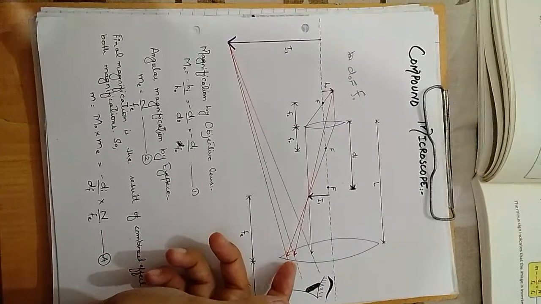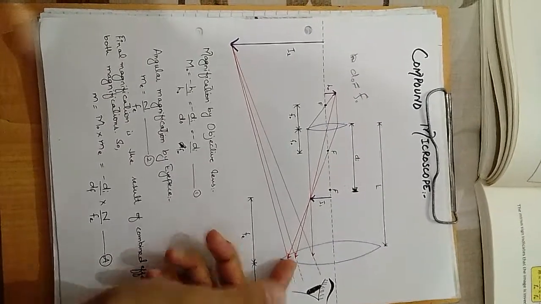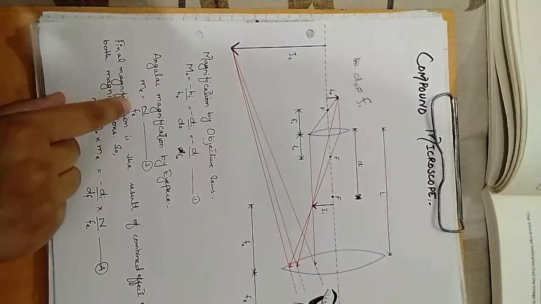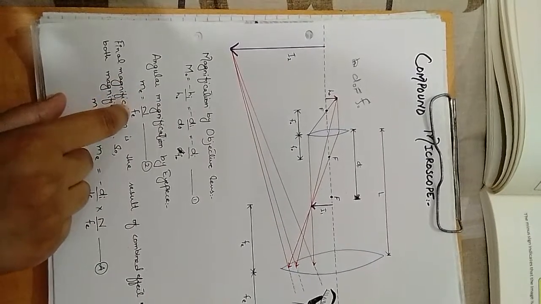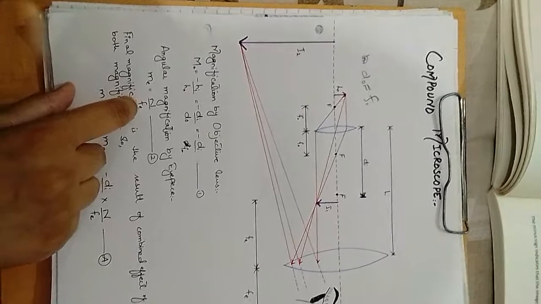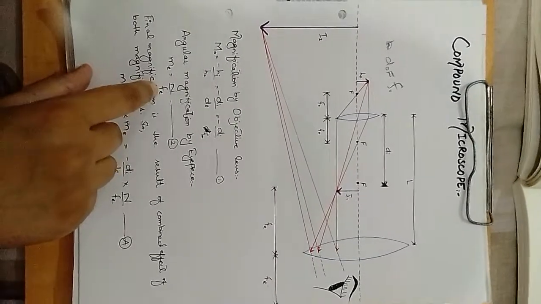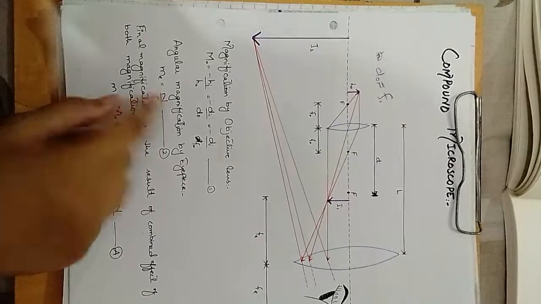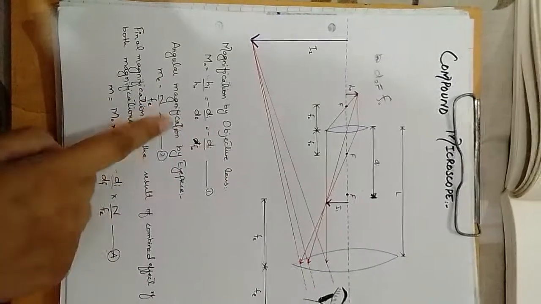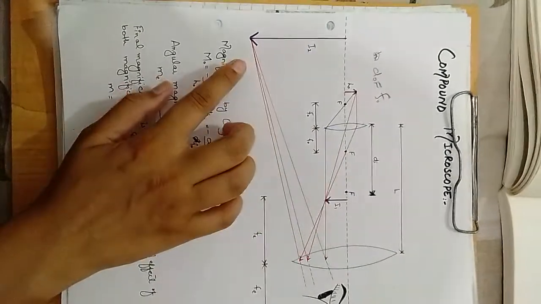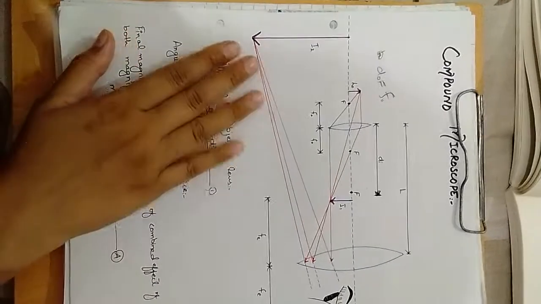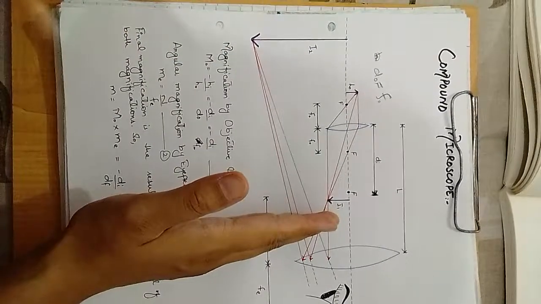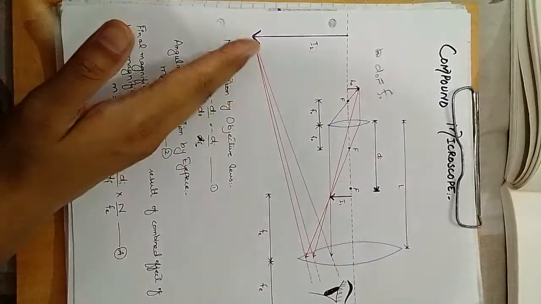For the second equation, for angular magnification of the eyepiece, we're gonna write ME equals N by FE, which is the angular magnification formula, which we have studied in our last topic, angular magnification. All right, we're going to use this formula and not the one with +1 added to it, because right here, the image is not formed just closer to the eyepiece. It is formed much farther from the eyepiece.